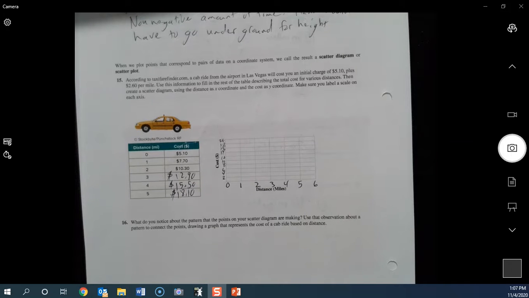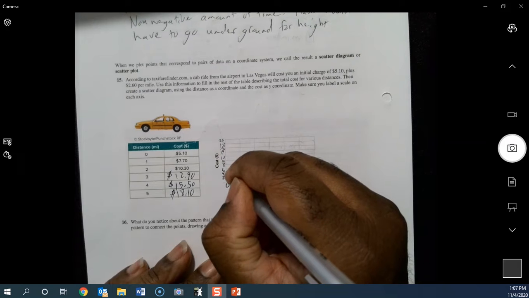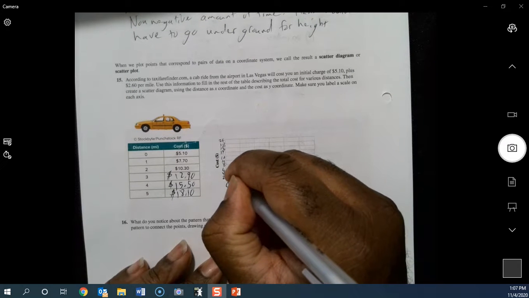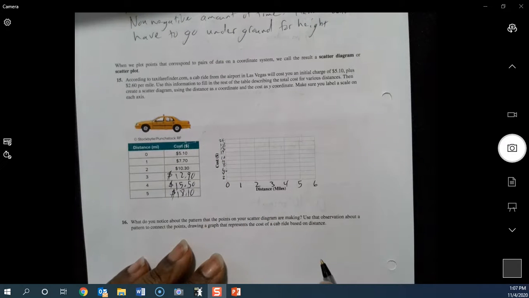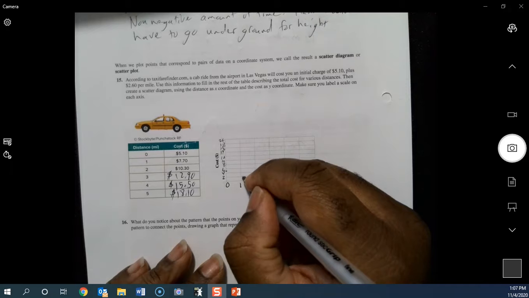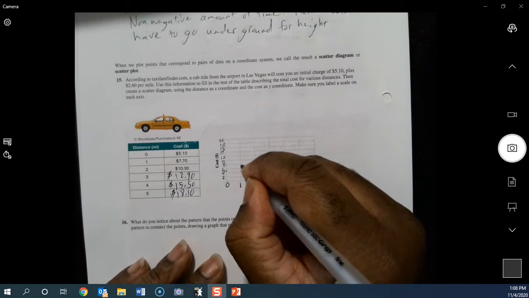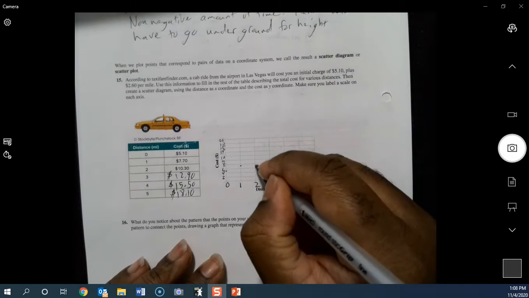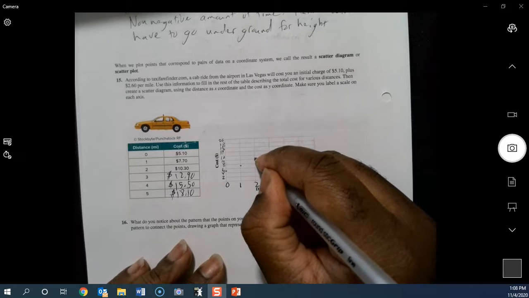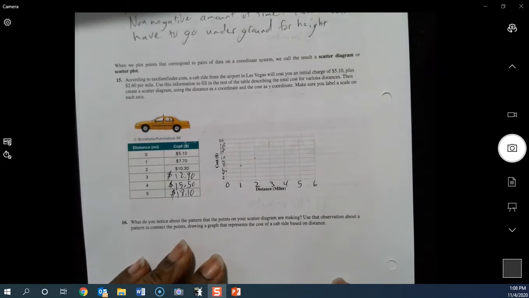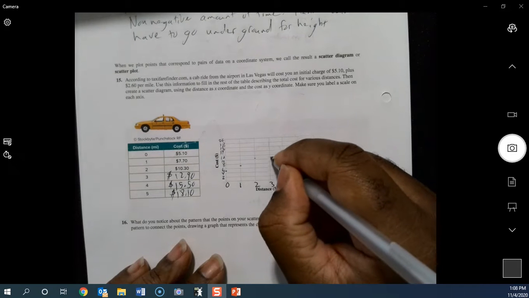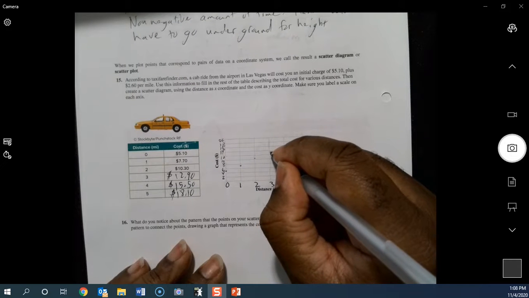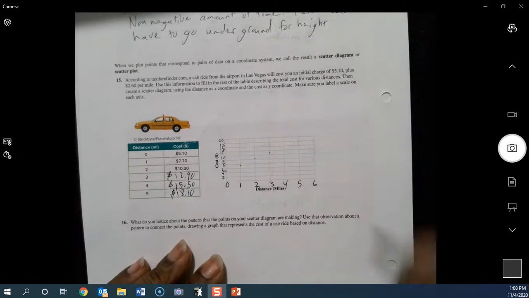Okay, so now we want to plot these points. For 0 miles, it'll be about 5.10, which would be a little bit over half between 4 and 6. And then for 1 mile, it'd be 7.70. It'll be close to 8, but not quite there. 2 miles, it'll be 10.30, a little bit above 10. 3 miles, it would be 12.90, almost exactly in between 12 and 14.